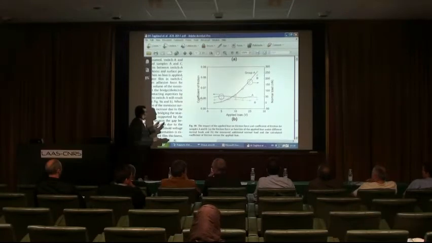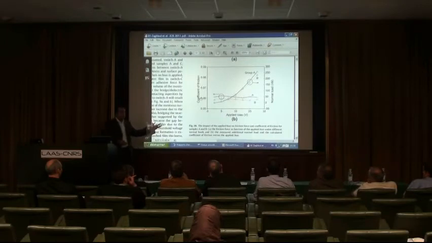But the issue here is that the increase in the applied bias is an increase of the normal load. Normal load is the contact force between the tip and the surface at different electrostatic force. So we can calculate this.